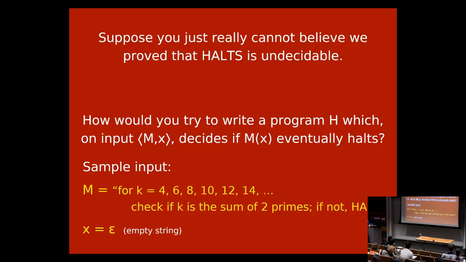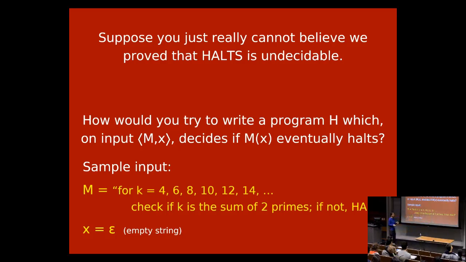Here's an example program that might be tricky for you. I don't want to get into this too much. I put it up a bit for fun. But imagine X is the empty string, and M is this pretty simple piece of code. I didn't write down all the pseudocode, but M goes in a loop. It looks at 4, 6, 8, 10, 12, 14. And for each one, like 10, it goes through all the numbers between 1 and 10 and checks if they're prime and checks if 10 minus that number is also prime.